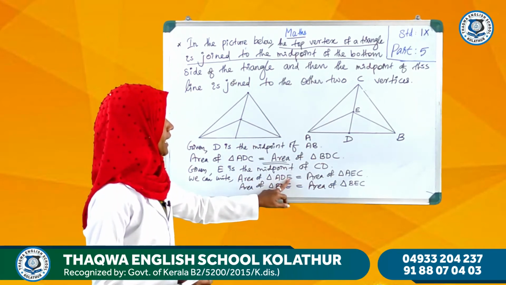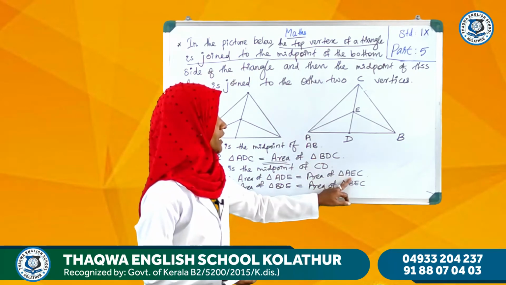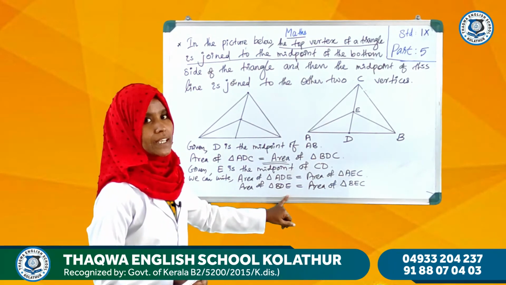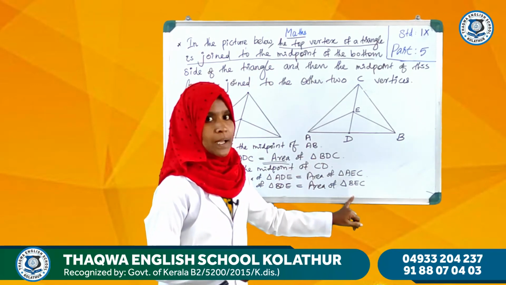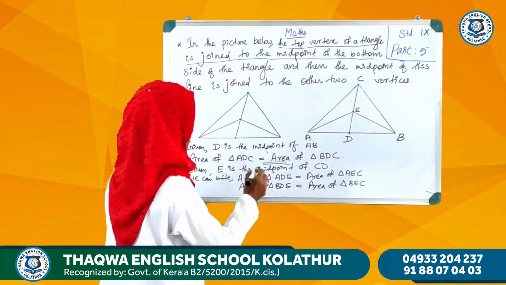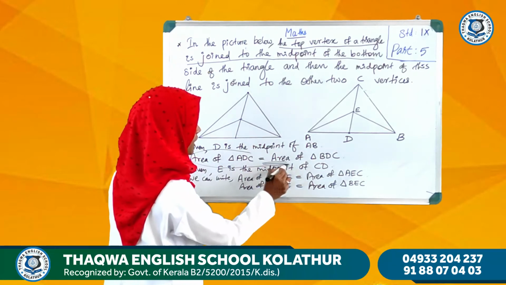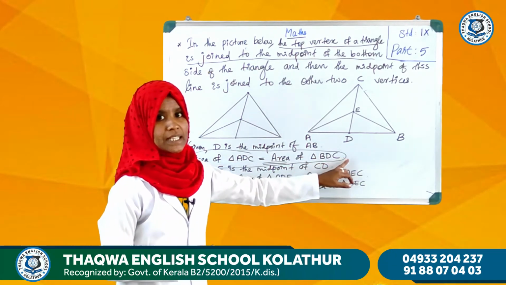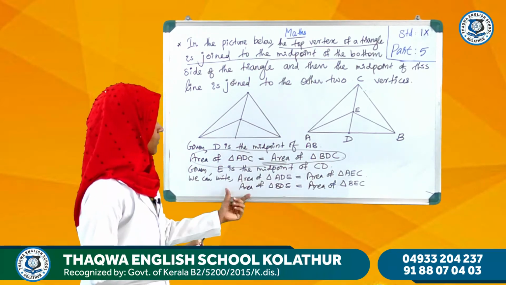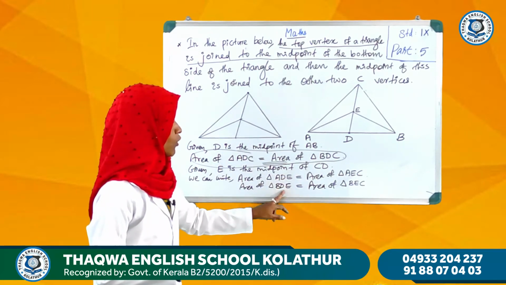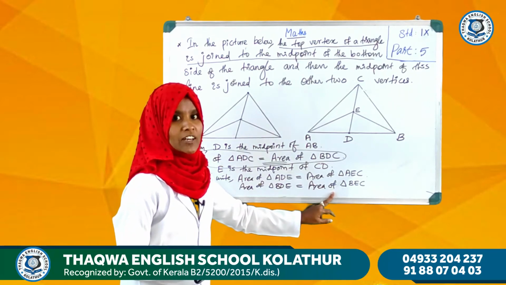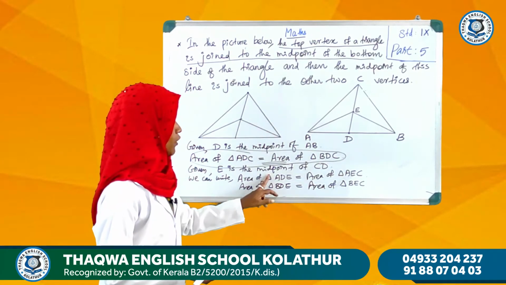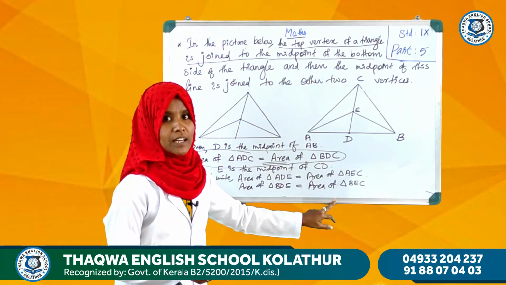Area of triangle ADE equals area of triangle AEC, and also area of triangle BDE equals area of triangle BEC. We already got area of triangle ADC and area of triangle BDC. Okay, so we can say that the area of these four smaller triangles are equal.